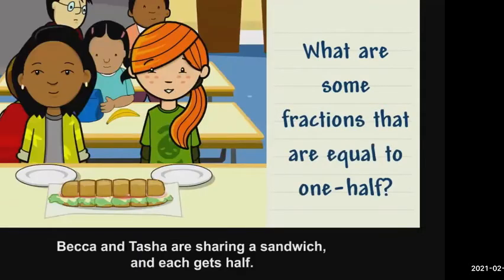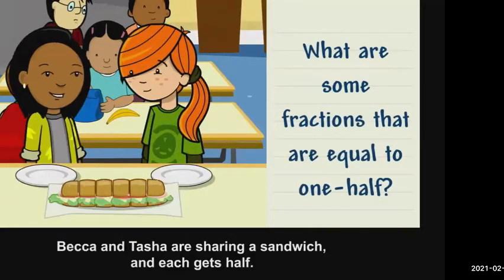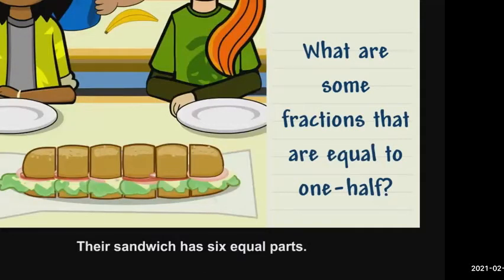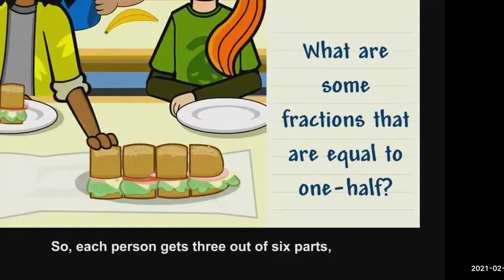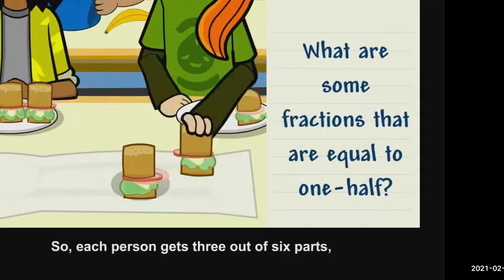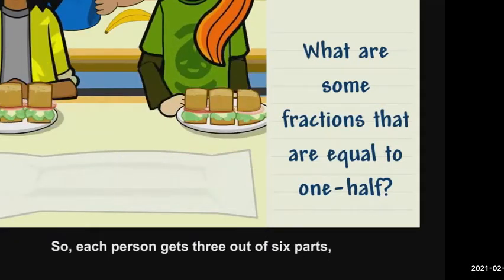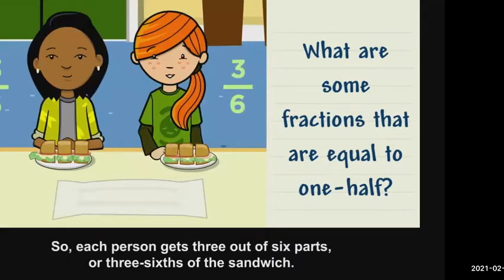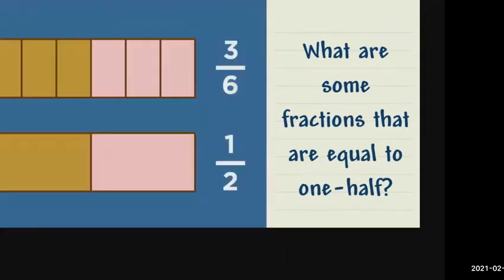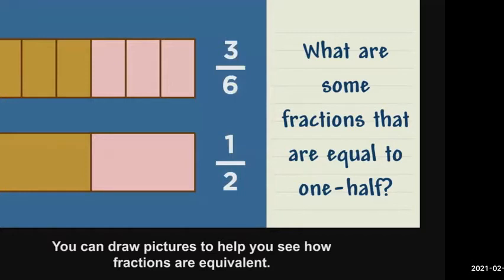Becca and Tasha are sharing a sandwich, and each gets half. Their sandwich has 6 equal parts, so each person gets 3 out of 6 parts, or 3/6 of the sandwich. You can draw pictures to help you see how fractions are equivalent.